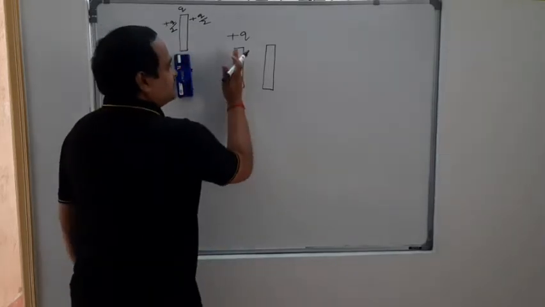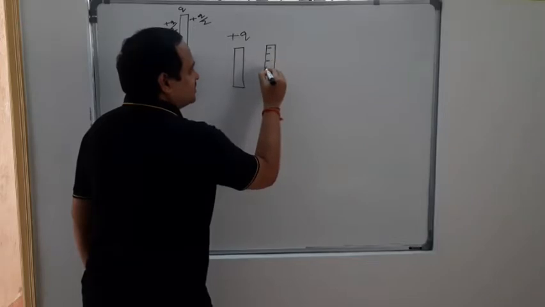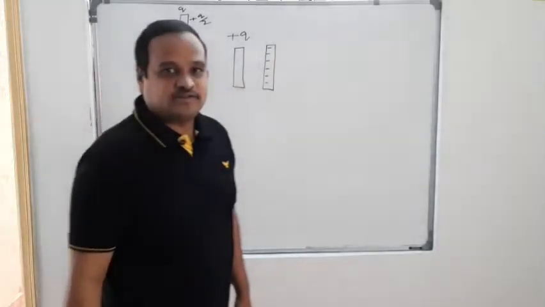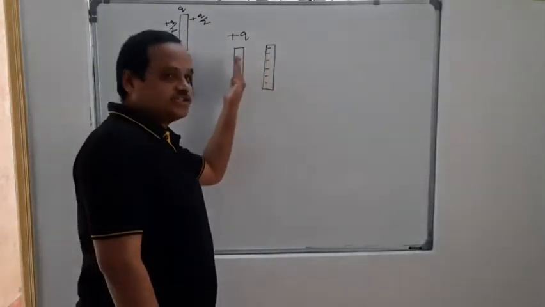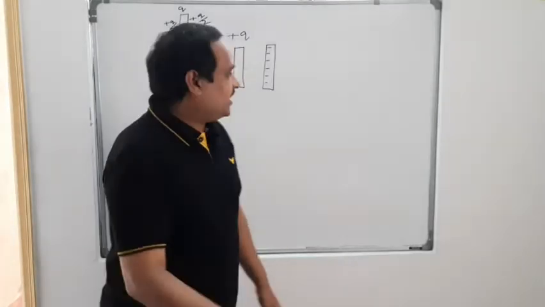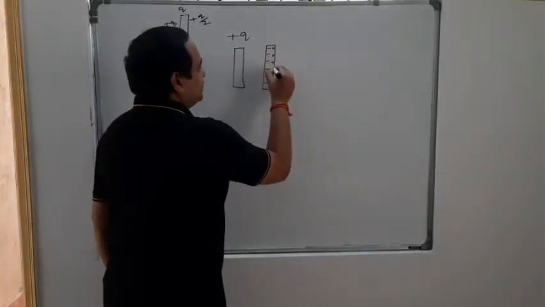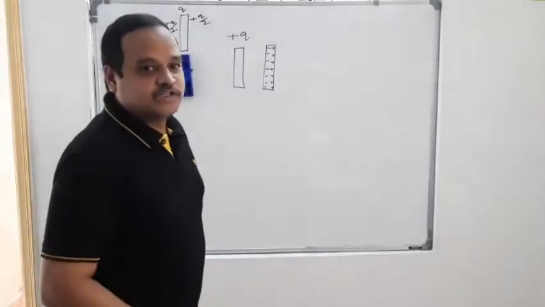This positive charge attracts the negative charges present in the conductor towards the left side. Means this positive charge pulls all the negative charges towards the left side, and all the positive charges will be accumulated on the opposite end. Correct?